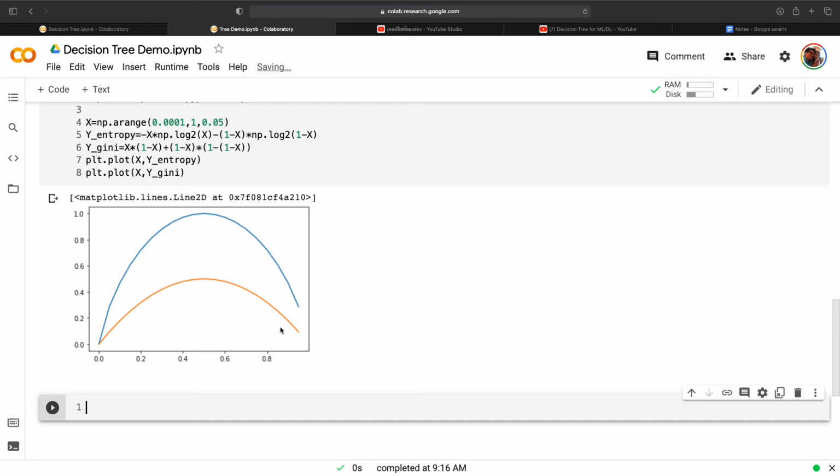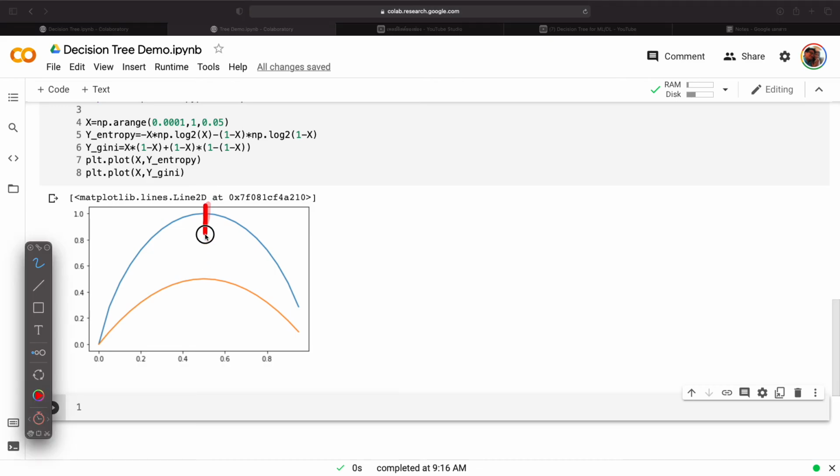Okay, so now I think you can see that they share the highest point at 0.5, right? This is the highest point of both, but the entropy increases a little bit sharper and faster and decreases faster.